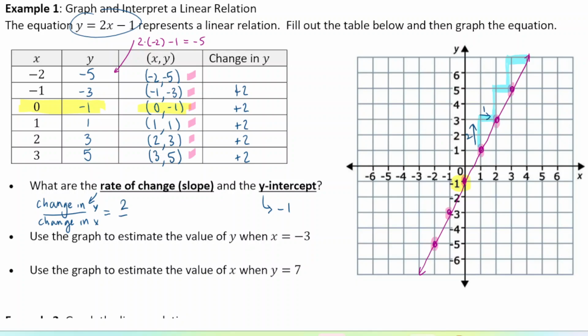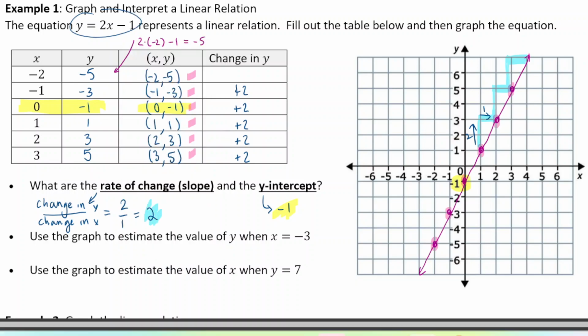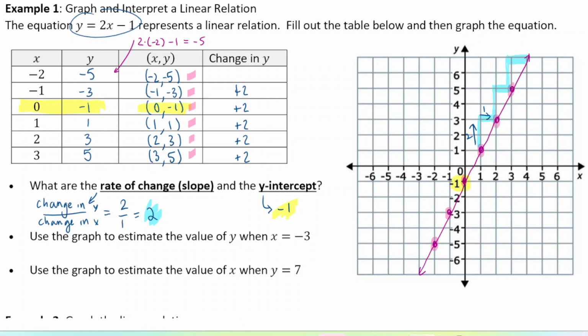So it'd be 2 over 1, or just simply 2. Okay, so that's our slope. So our y-intercept is negative 1, and our slope is 2. I'm keeping all the colors consistent here for you. It says use the graph now to estimate the y value when x is negative 3. So we can see that on the graph at negative 3, the y value is going to be negative 7.